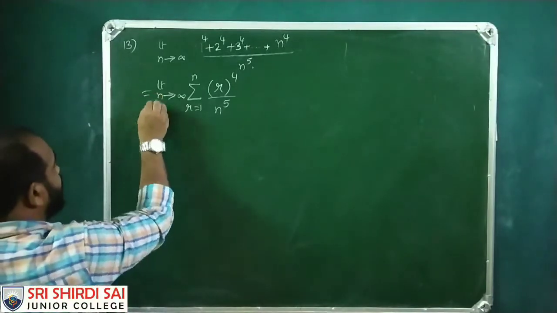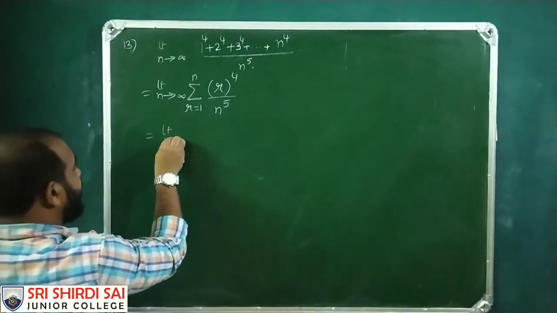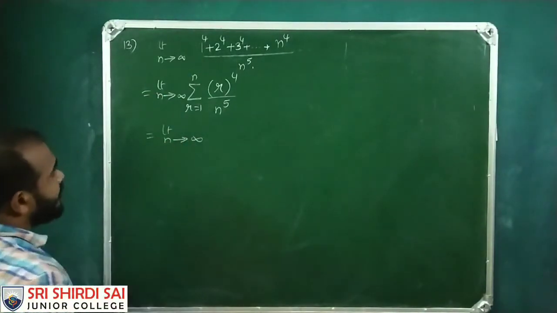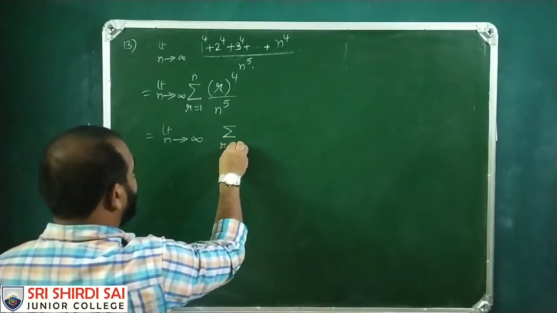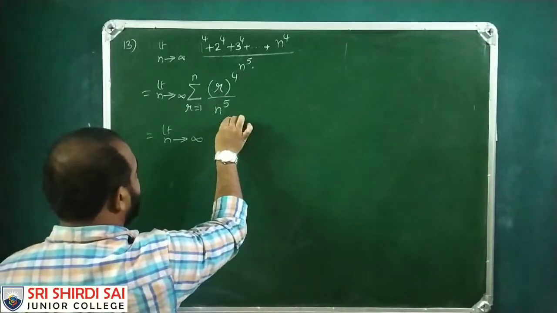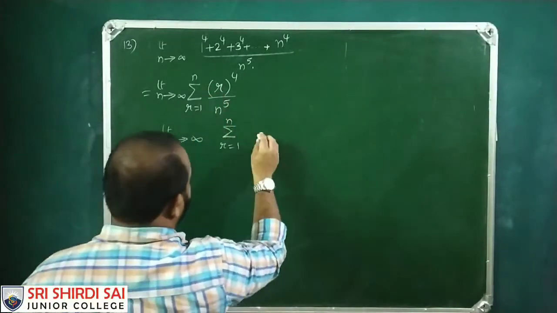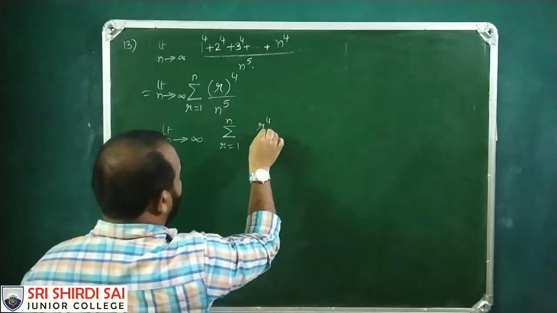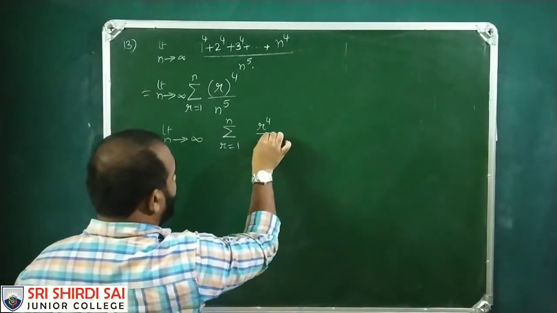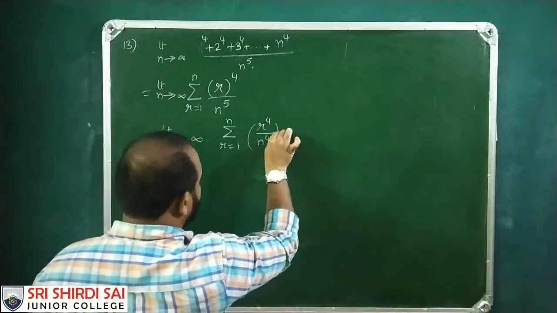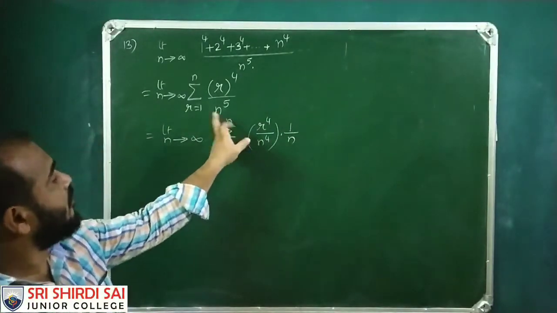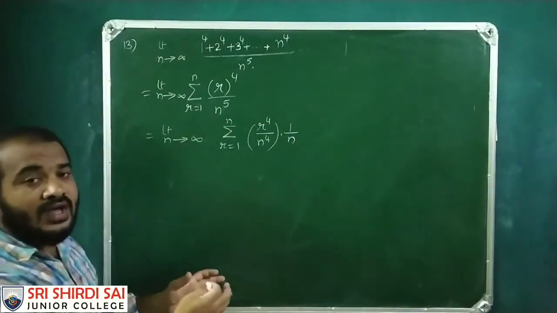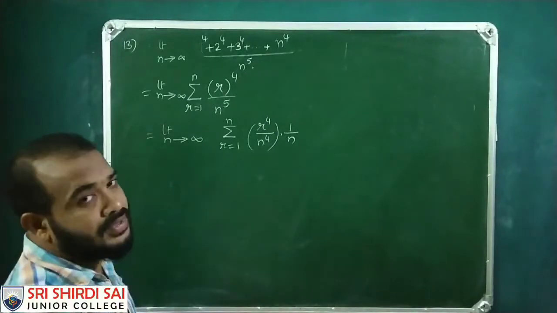This is equal to the limit as n tends to infinity of the sum, r runs from 1 to n, of r power 4 by n power 4 into 1 by n. n power 4 into n is n power 5, because I want the r by n and 1 by n combination.